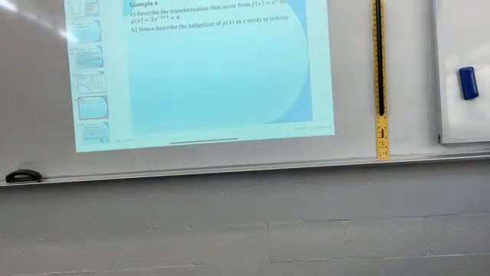Okay, describe the transformation that occurs from f(x) equals e to the power of x to g(x) equals 2 e to the power of minus x plus 1, plus 4. Now, like I say, you need to factorize it out. Always factorize the b out.